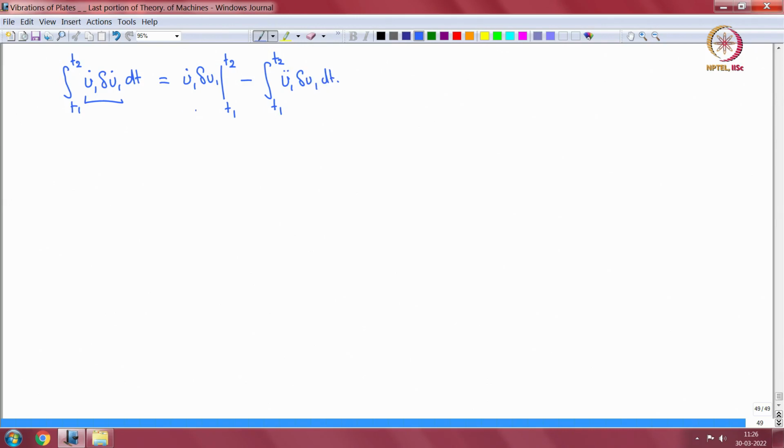Now Hamilton's law says between two time points where the states are known, once the states are known, the variation is 0. So this boundary term, the time boundary term, goes to 0. That means integral t1 to t2 u1 dot delta u1 dot dt is equal to minus integral t1 to t2 u1 double dot delta u1 dt.